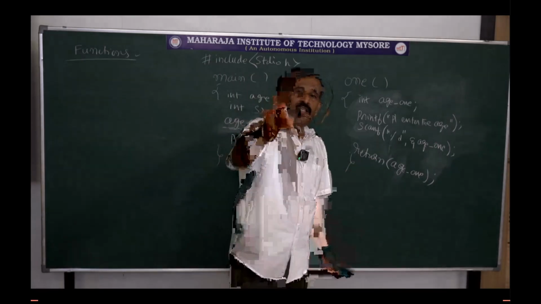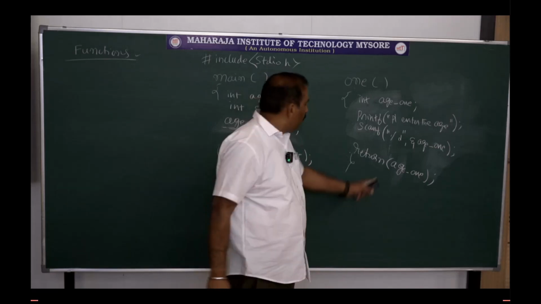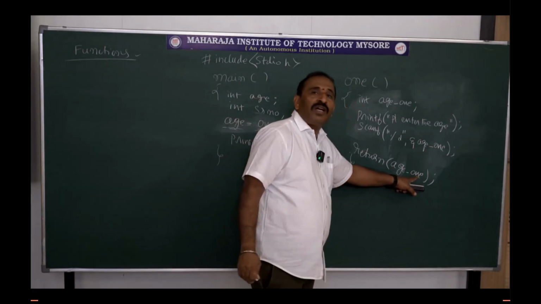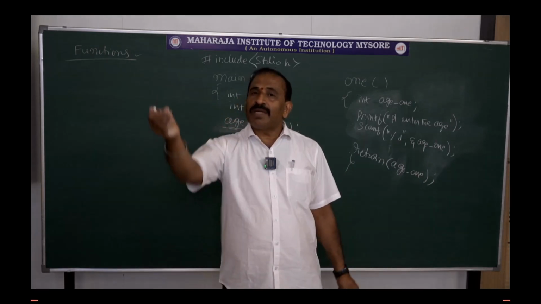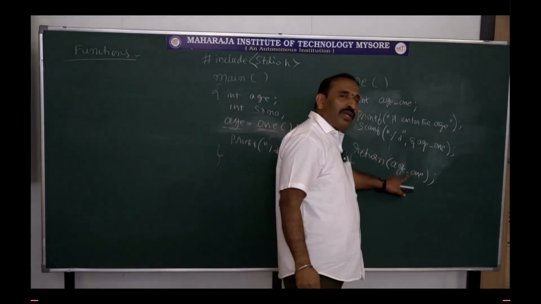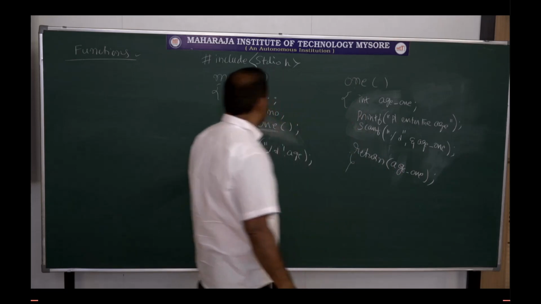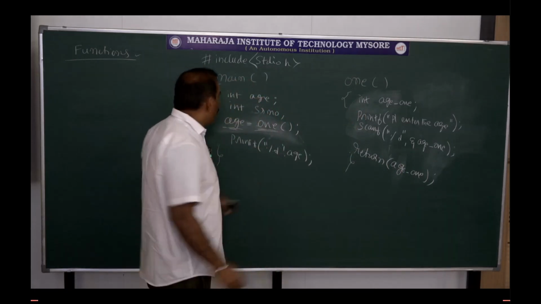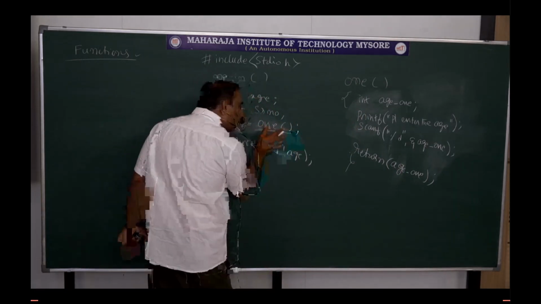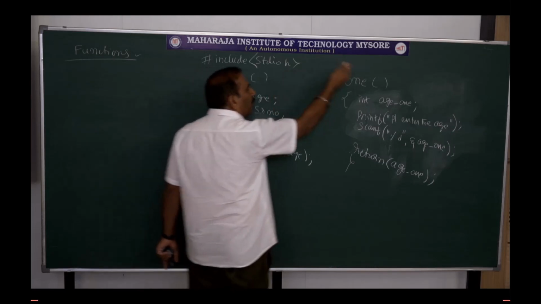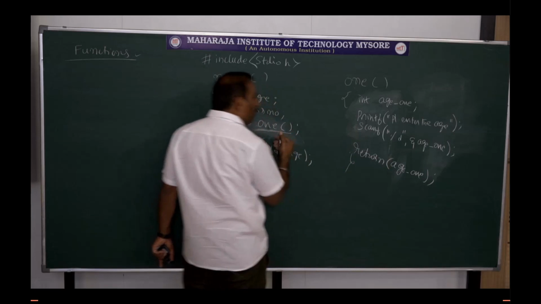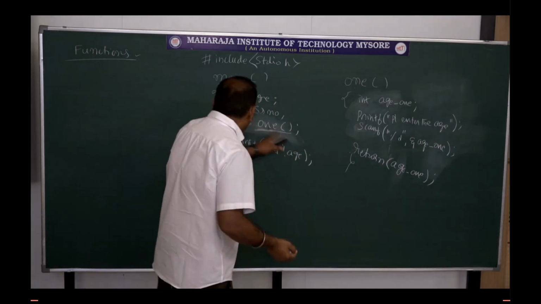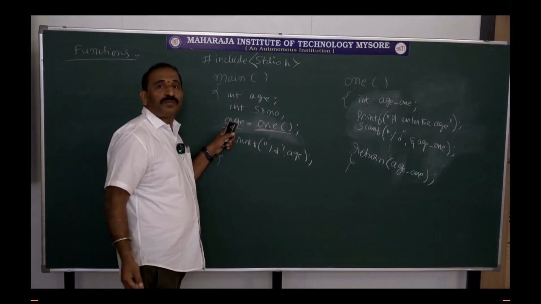You are telling the computer that this age underscore 1, which is nothing but the age somebody has just typed, is returned to the calling function. Now one function is executed here, it returns a value, and that value is stored here in age.